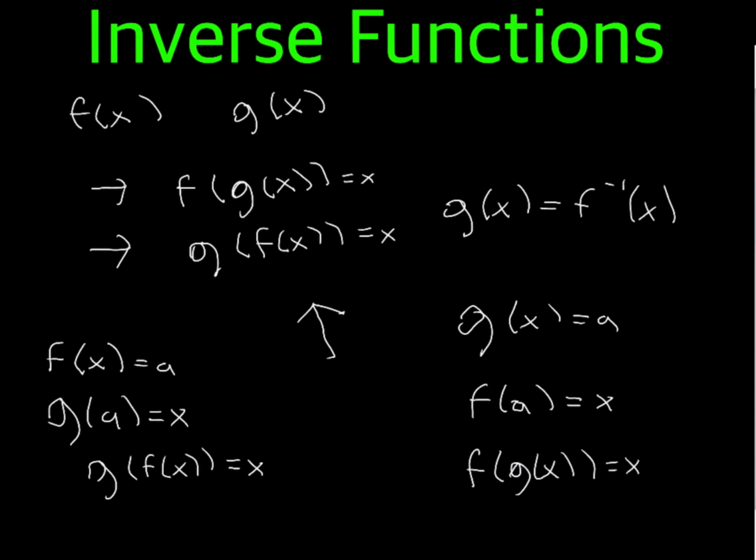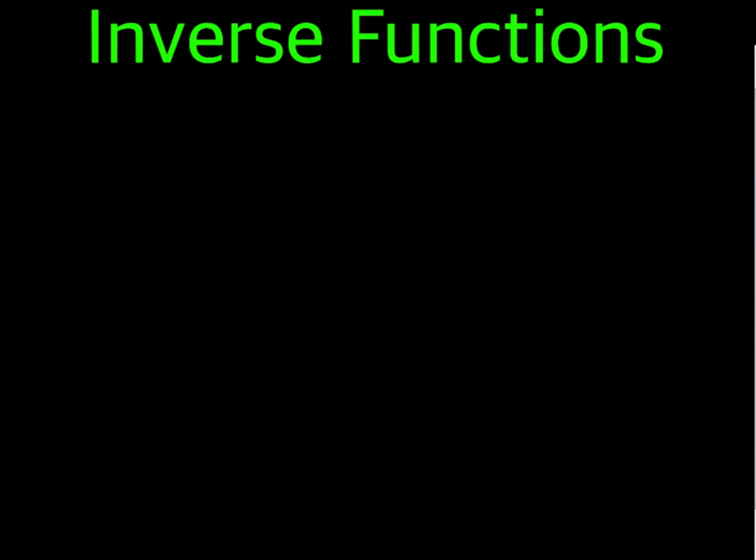Well, if we break it down a bit, let's go to a new page. Let's say that we have our inverse functions. One is going from domain to range, and then the inverse goes from range to domain. But now if we view it from the perspective of the inverse function, we're having range to domain. The other function is actually reversing this process by going from domain to range.